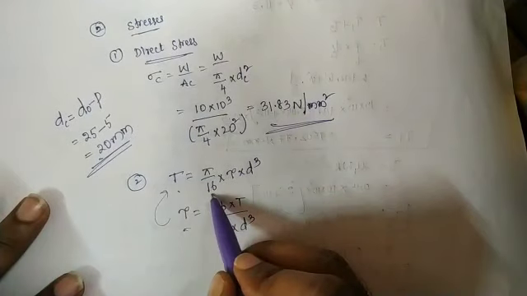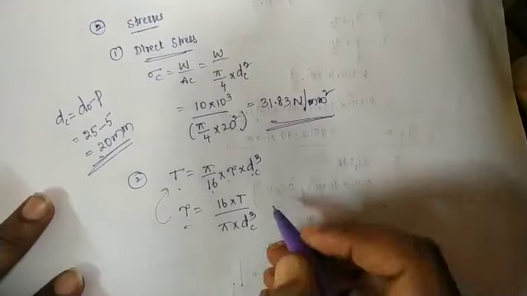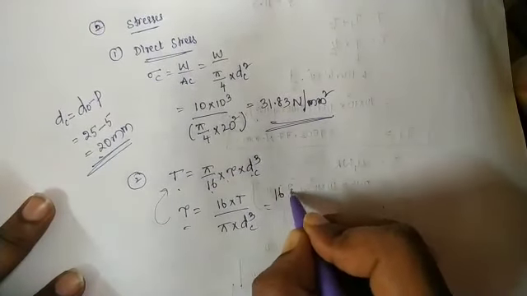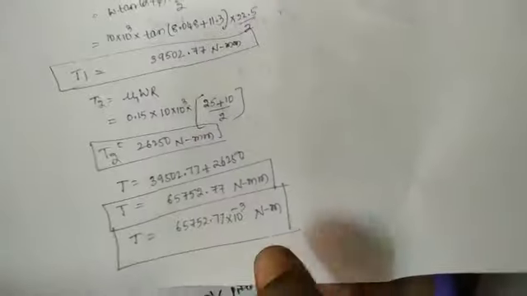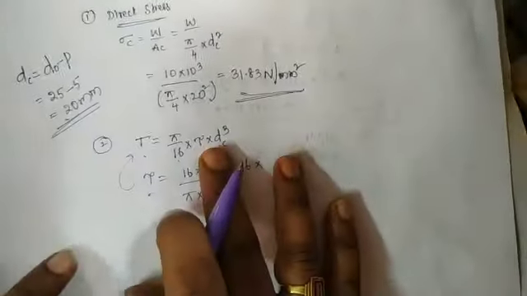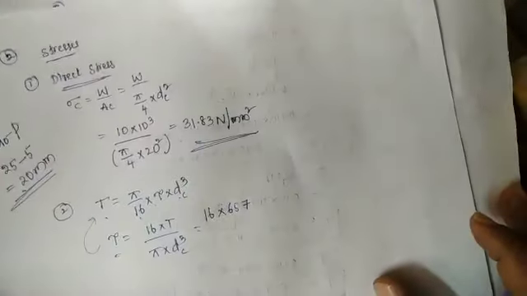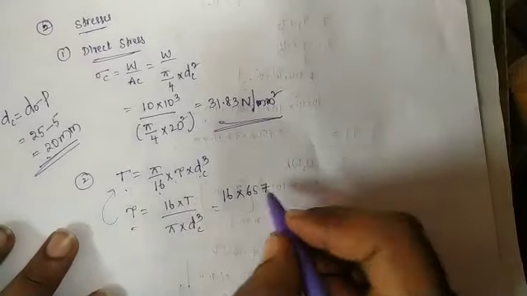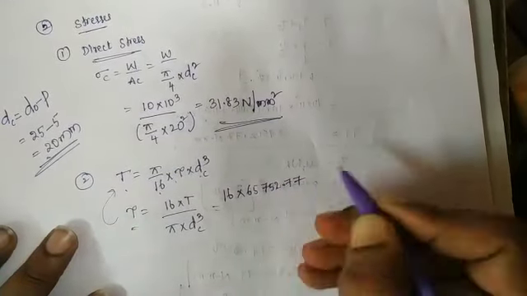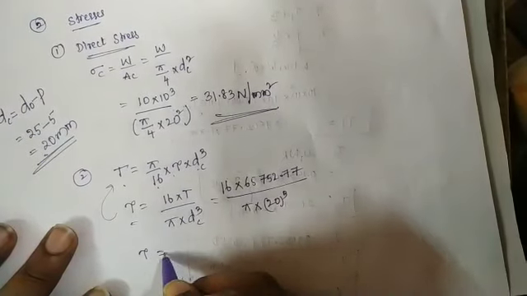Torque is already calculated, 65,752.77 in terms of Newton mm, by pi into DC cube, 20 whole cube.